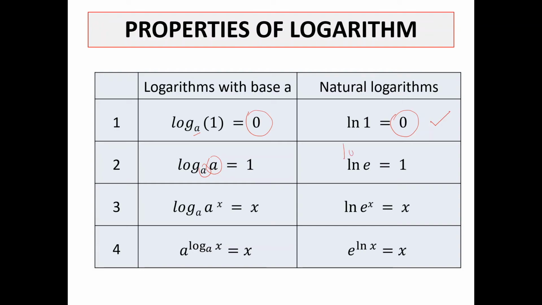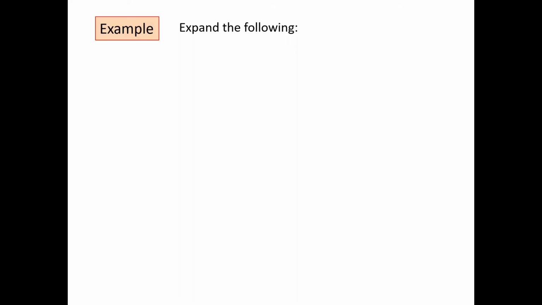This is because this is log e base e. So log e base e equal to 1. Another two properties are log a power of x base a equal to x, log e power of x equal to x, a to the power of log x base a equal to x, and e power of log x equal to x.